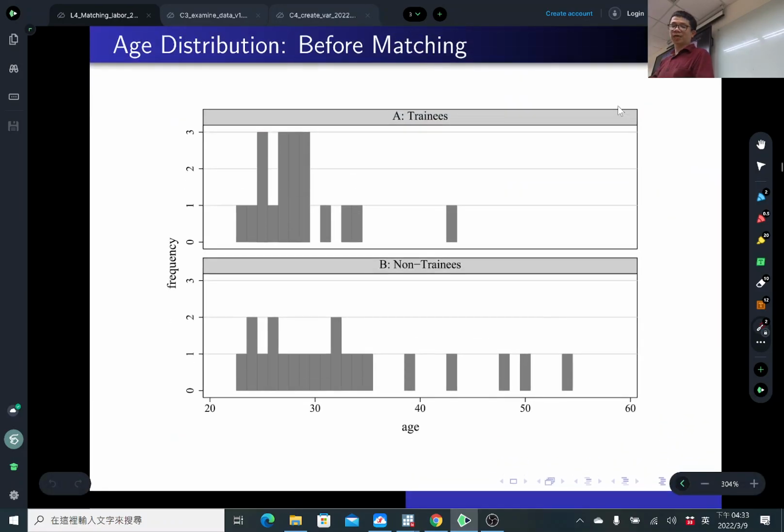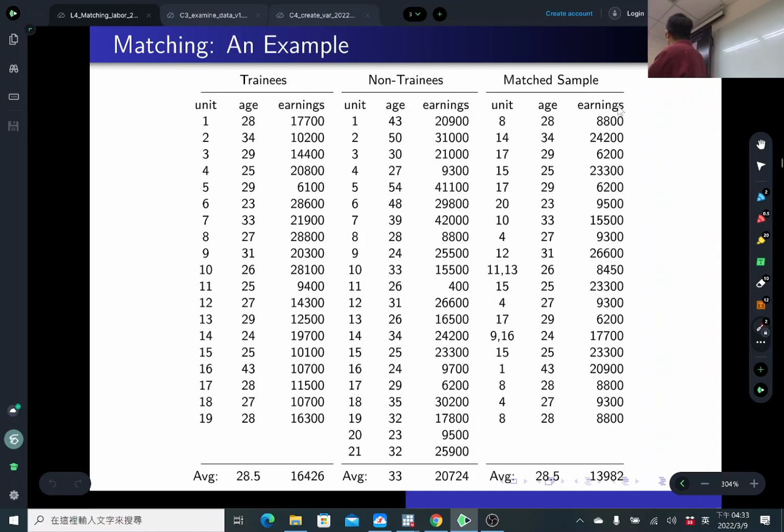So in reality, you might need to match other factors, not only age but family wealth, family income, father's education, other things. So this is just a simple example. I can show this in a table. If they are also different in other dimensions, you can see there are a lot of combinations.